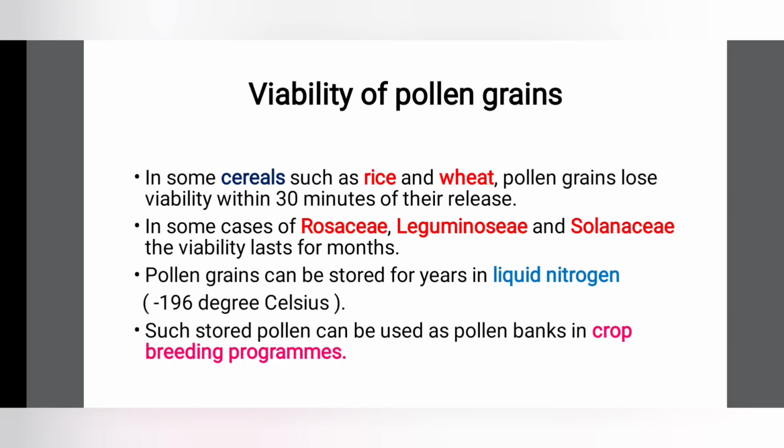What is meant by crop breeding programs? Breeding crops with the desired characteristics by means of hybridization. In these programs, the desired pollen grains are needed from time to time. So, for this purpose, the pollen grains which are stored in pollen banks can be used as and when they are needed.